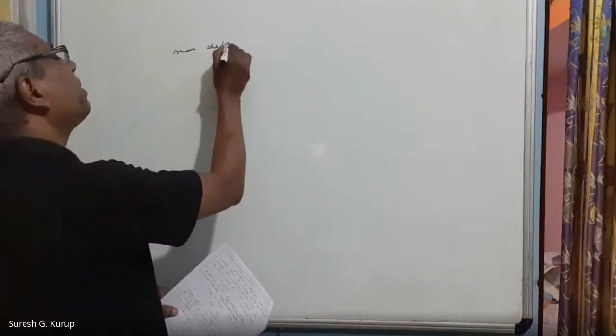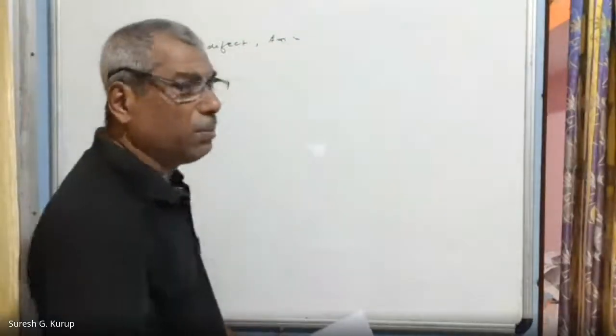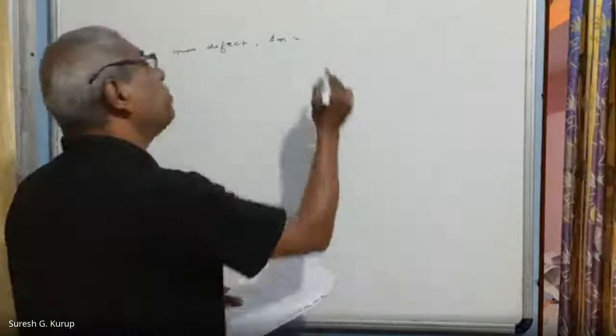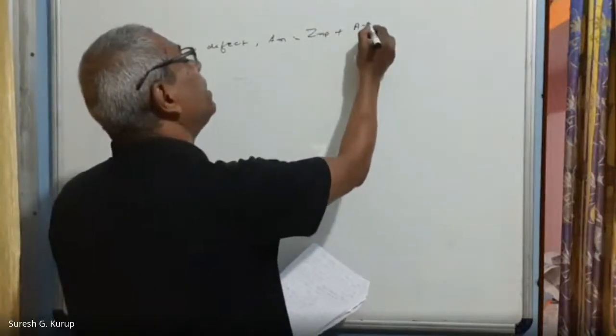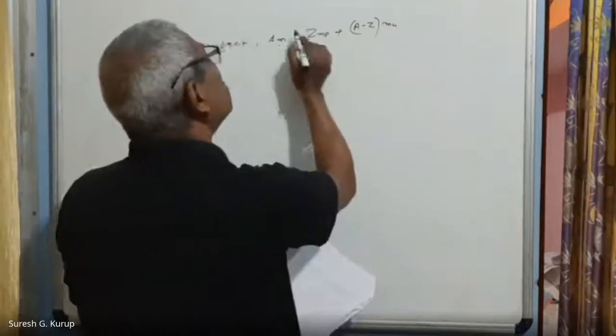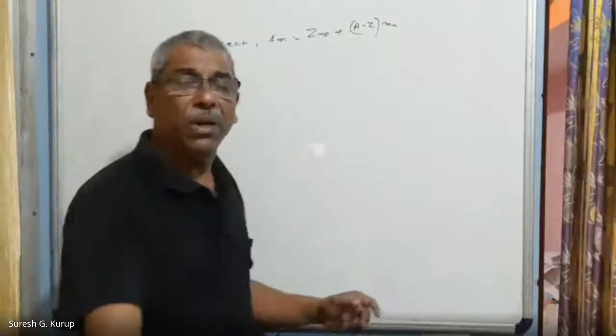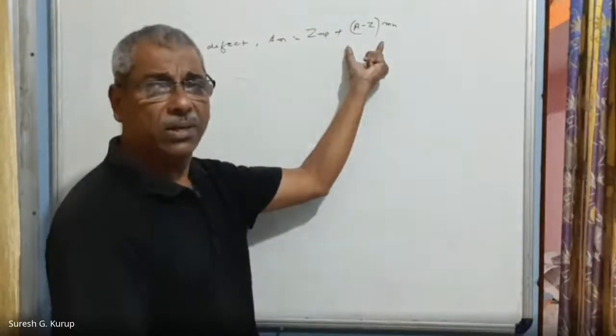Mass defect is given by delta M is equal to the mass of the protons, that means ZMp, plus (A minus Z) into Mn. This is the total mass of protons and neutrons separately calculated.